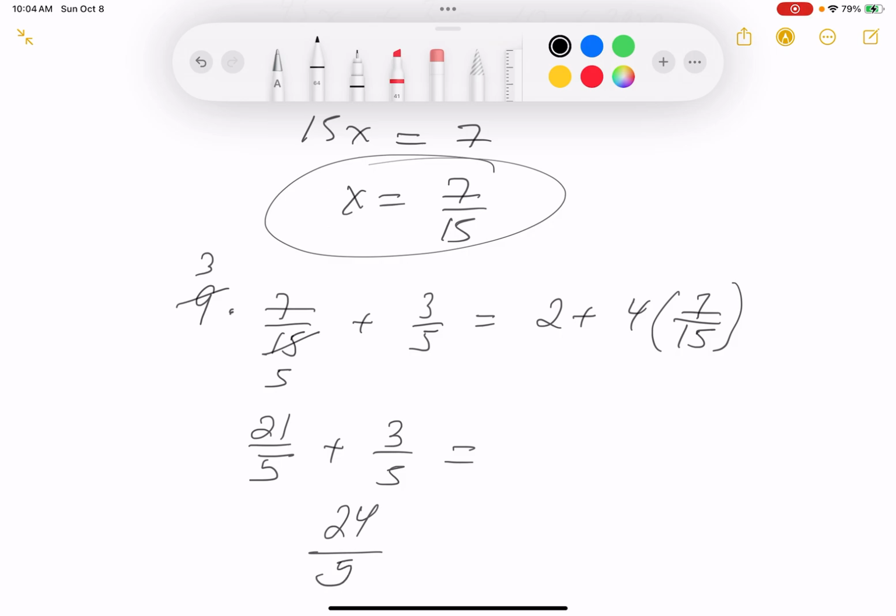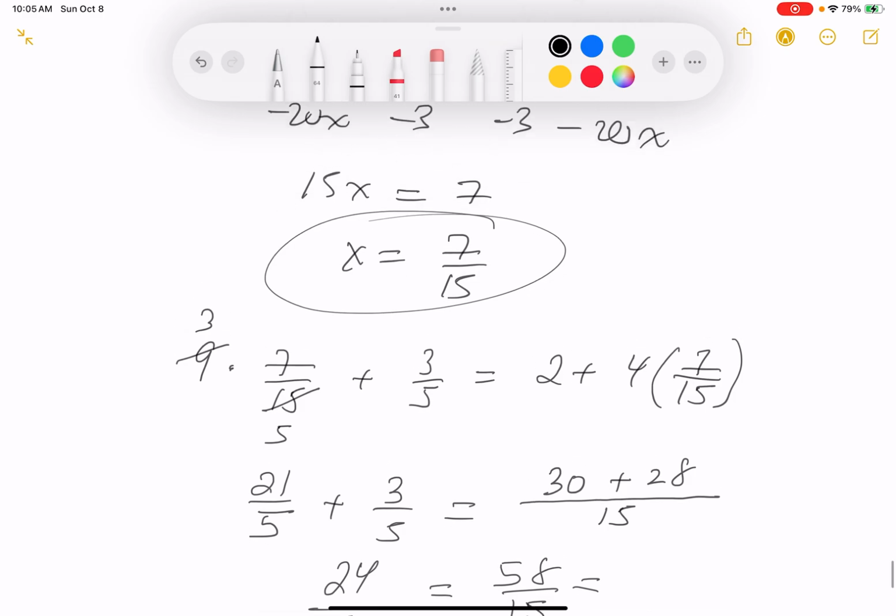Let's go to this side. And looking at that, let's take a look. And I'm going to say common there is 15. You get 30 plus 28. And 30 and 28 is going to be 58. And I think I made a mistake.